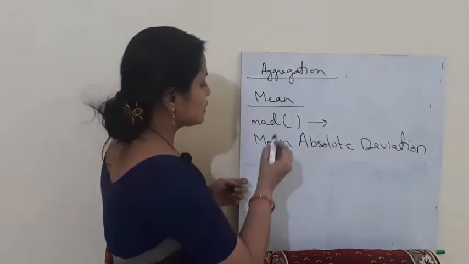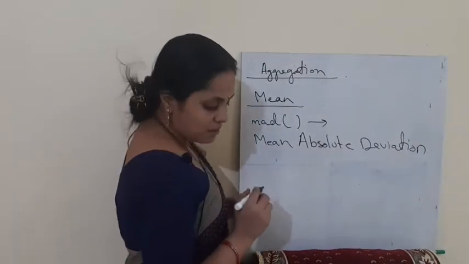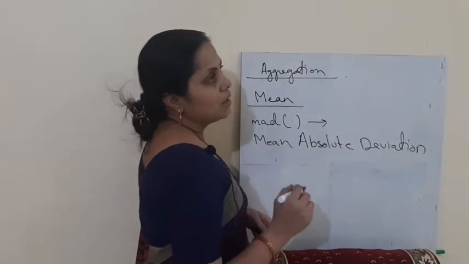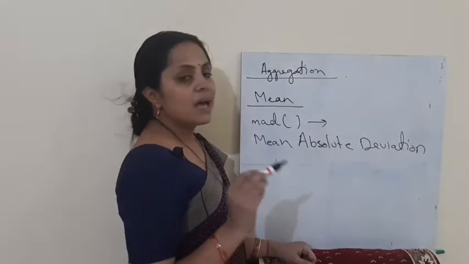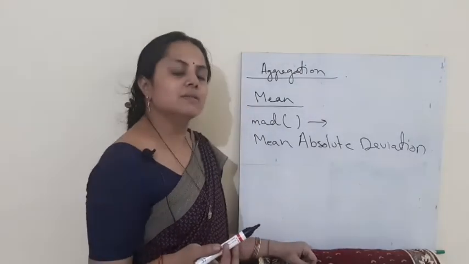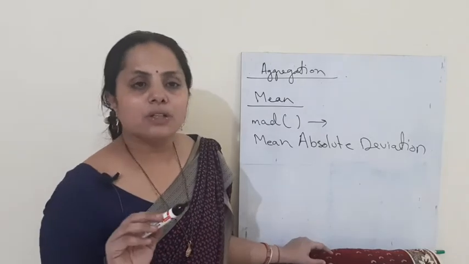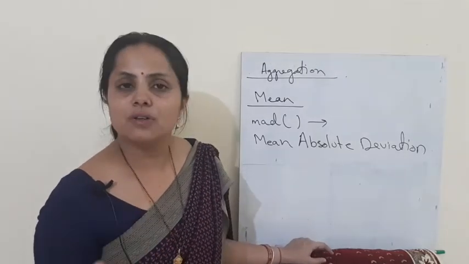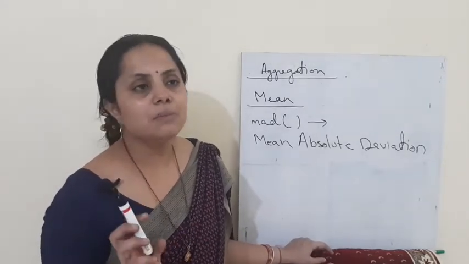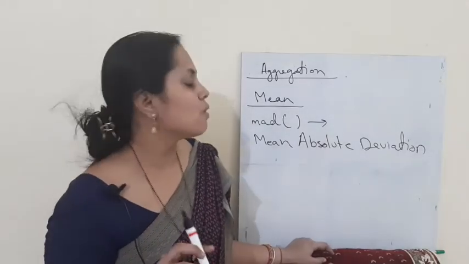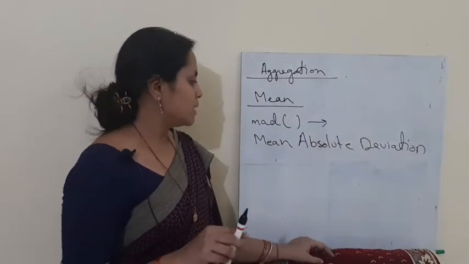So here we are using the MAD function, and this MAD function has two arguments, axis and skipna. Axis tells whether you want it for the index or for the columns, and skipna means whether you want to keep the null values or skip them.